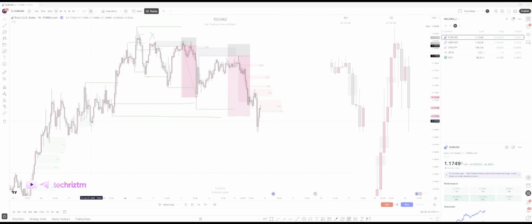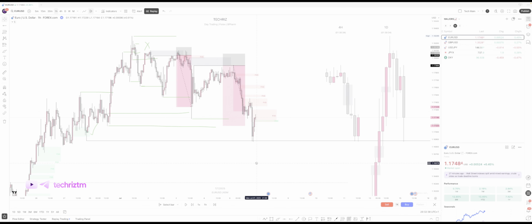Because we've reacted from it completely, I can consider this block empty, and I can target its lows. In fact, everything here has been mitigated by that block, so I can target as low as there. That is where my next target is going to be.